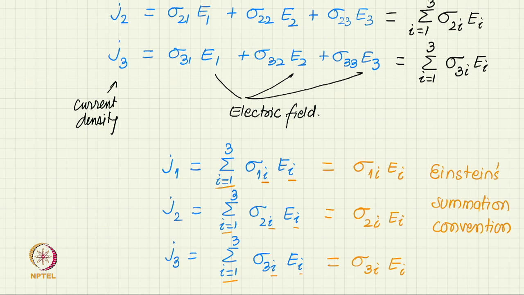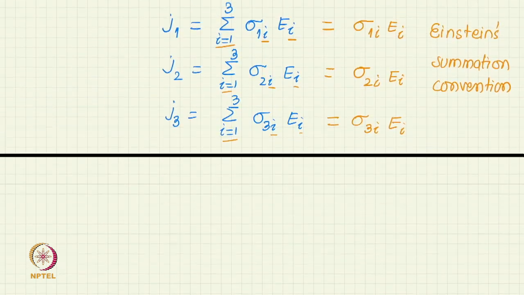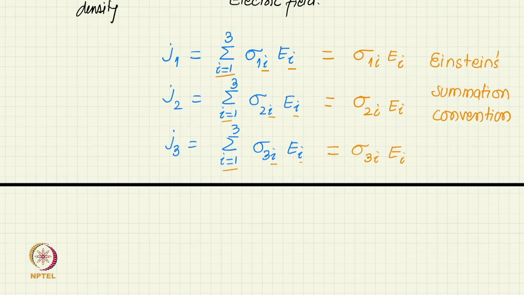It makes writing the equations easier, and further all the three equations, if you see, have the same form. J 1 is sigma 1 I E I, J 2 is sigma 2 I E I, and J 3 is sigma 3 I E I.